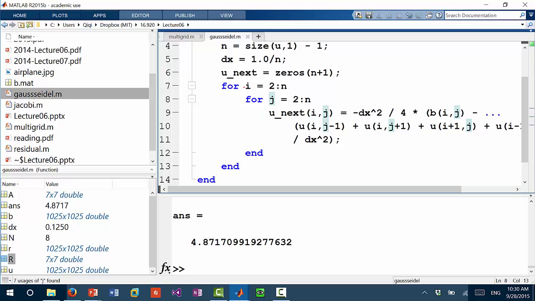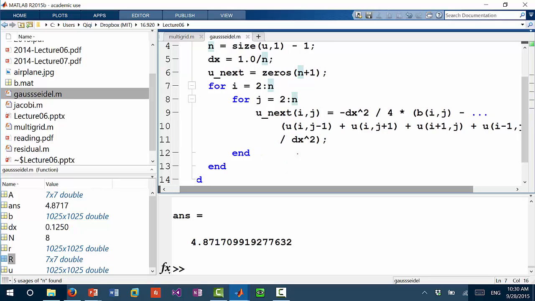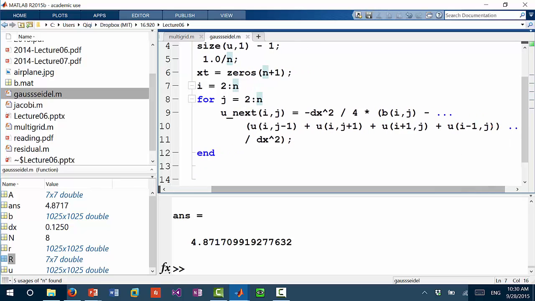Okay, so remember our outer iteration is on i. So U next of, first of all, i minus 1, j is already solved. So we can use U next i minus 1, j in this iteration. That is, this term is the lower diagonal part of the matrix.